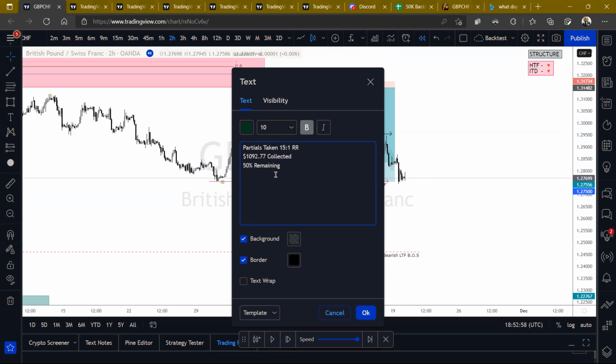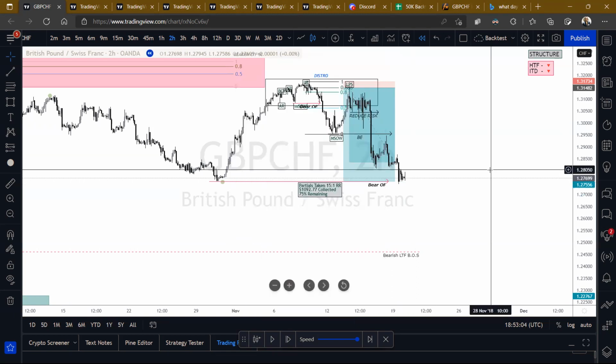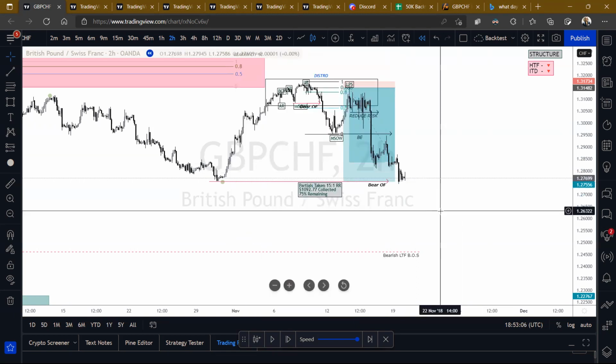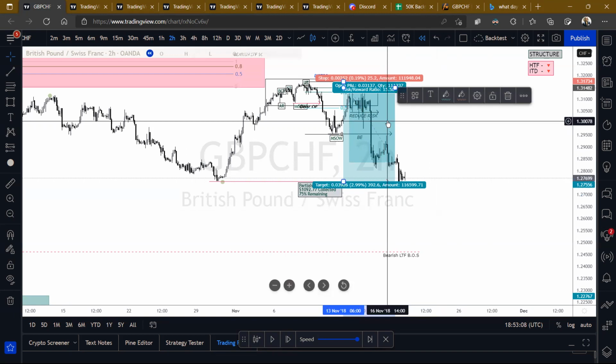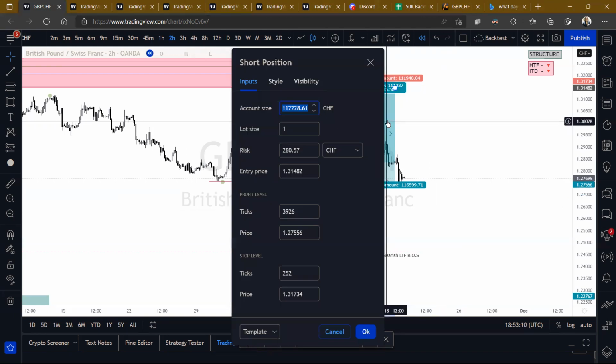This is 3.77, and we have a 5%. We have got 210.